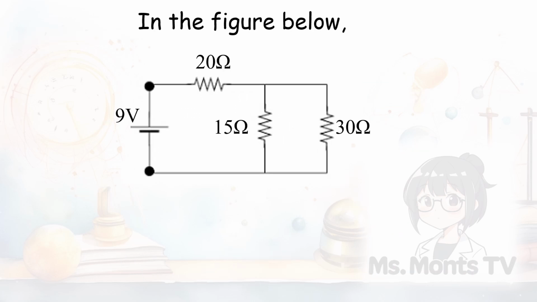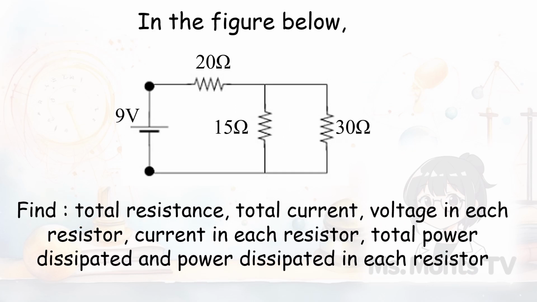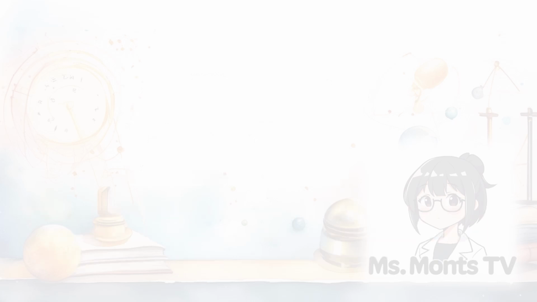So in the figure, find the total resistance, total current, voltage in each resistor, current in each resistor, total power, and the power dissipated in each resistor.